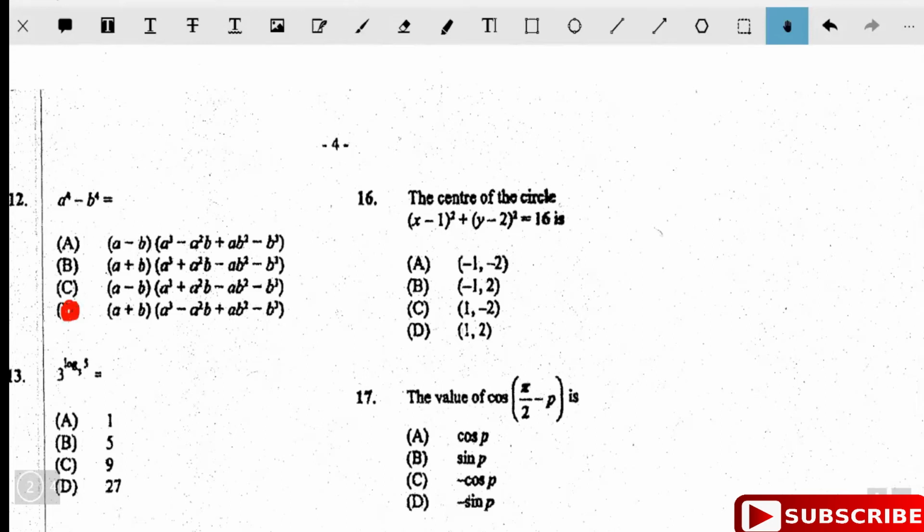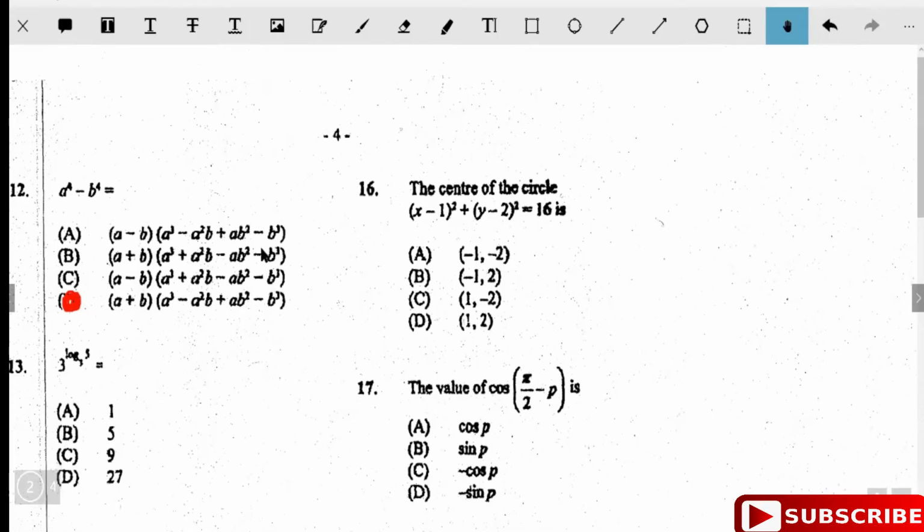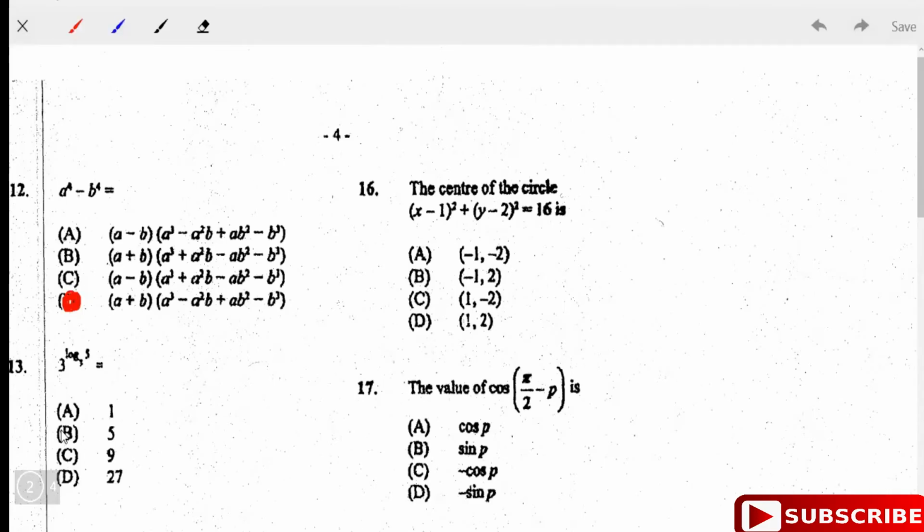All right. Question 13. This is a repeat. Big repeat question. All you have to do to get this question is use the change of base law in the power.